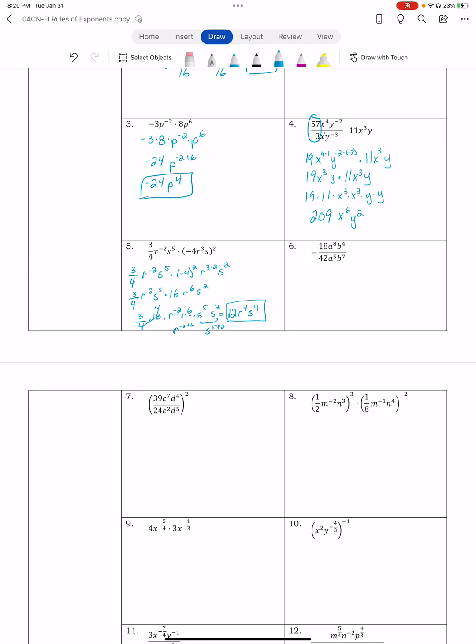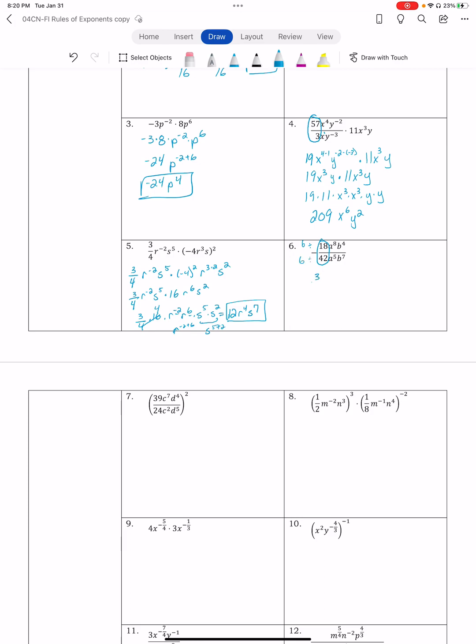Just some basic division before we do some crazy ones. Okay, the negative we kind of keep on the outside. This 18 over 42, I asked myself, can I simplify 18 over 42? And 6 goes into both of them, so divide by 6, divide by 6.